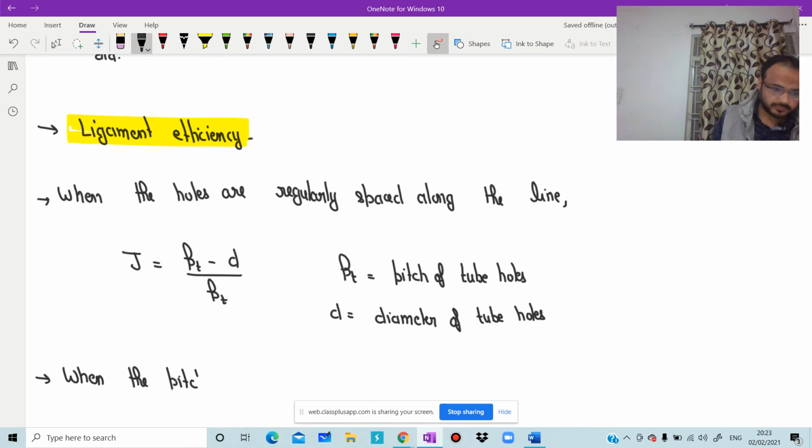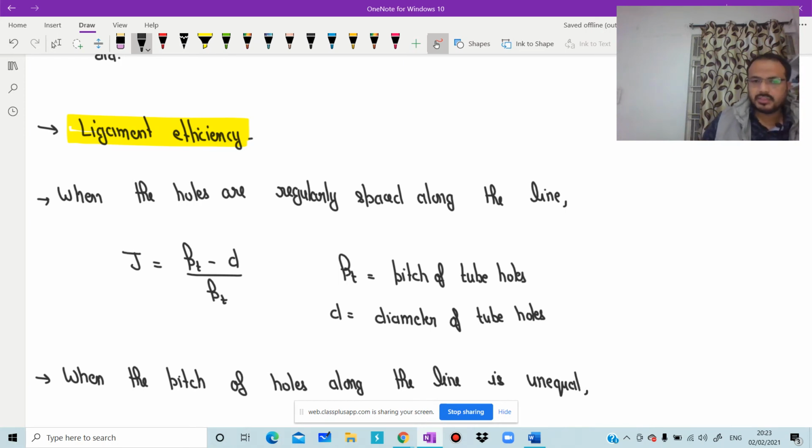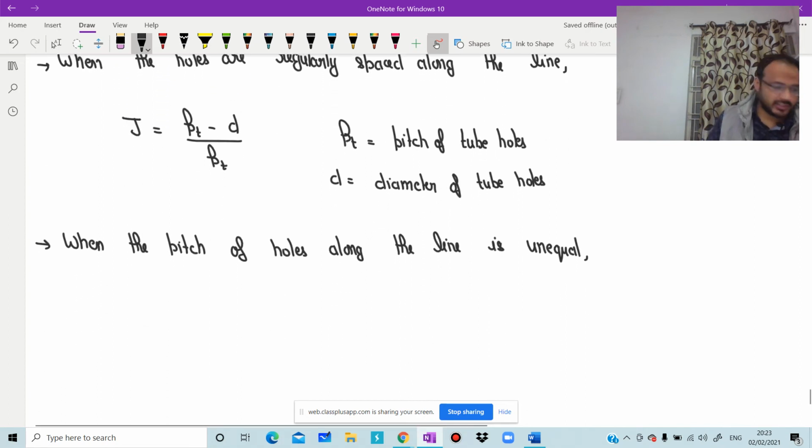When the pitch of holes along the line is unequal, they already asked a question from the ligament efficiency. J is equal to PT minus ND divided by PT.